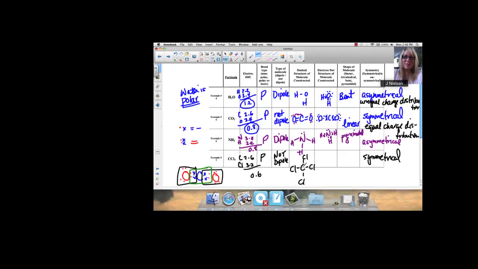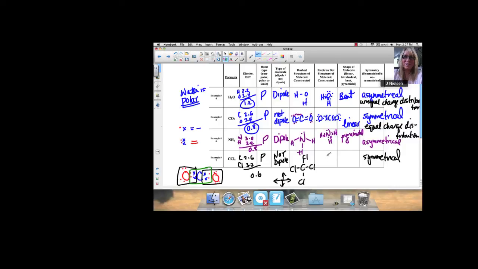So the pull of the Cl in the 4 different directions, north, south, east, and west cancel out, making it a nonpolar molecule. If I examine one bond, though, between the Cl and the C, it is polar.